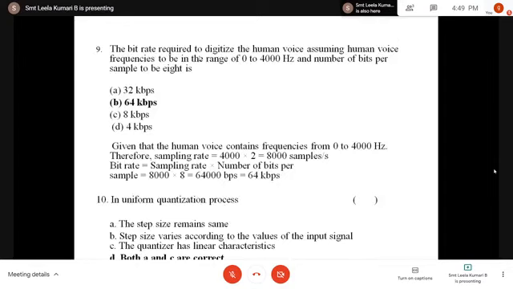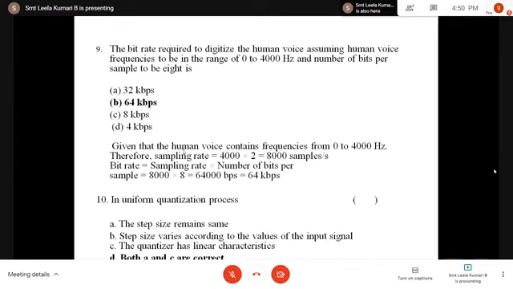The bit rate required to digitize the human voice, assuming human voice frequencies to be in the range 0 to 4000 Hz and number of bits per sample to be 8 is. So we need to find out the bit rate.